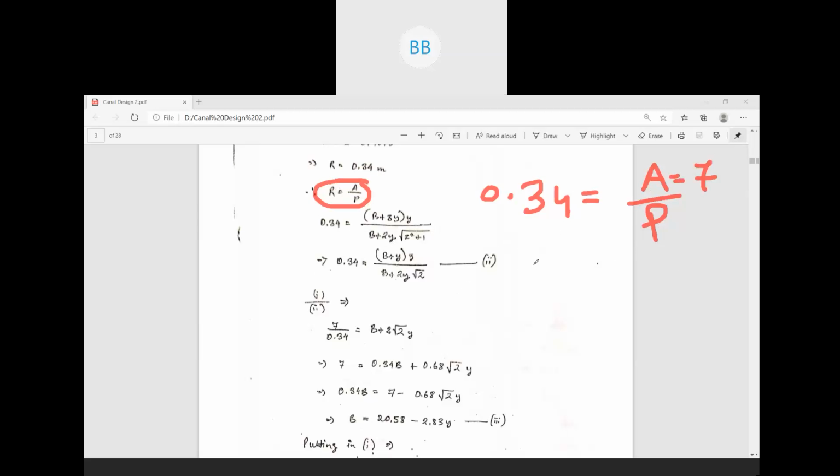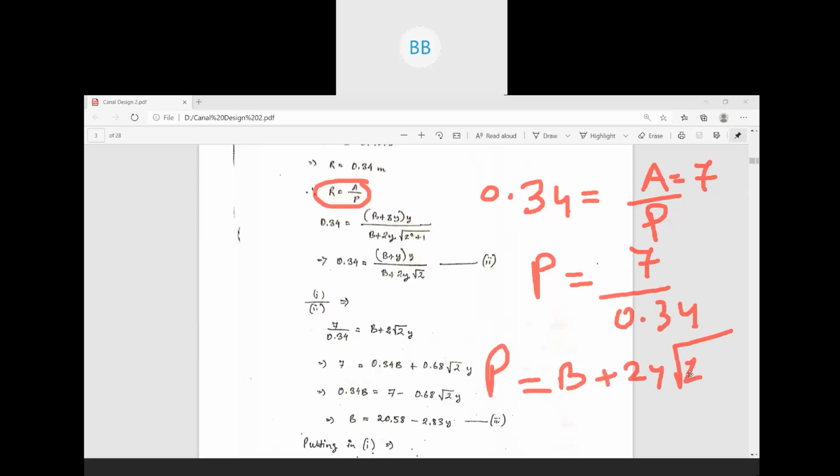From here you can find out the wetted perimeter, 7 by 0.34. And then you use the wetted perimeter equation, that is b plus twice y root over z square plus 1.